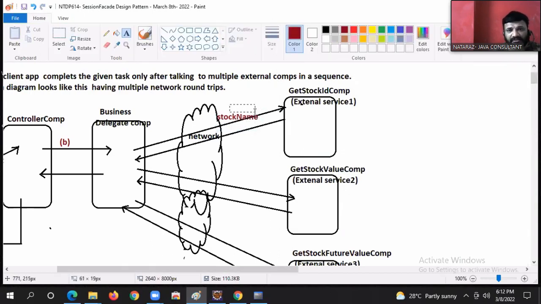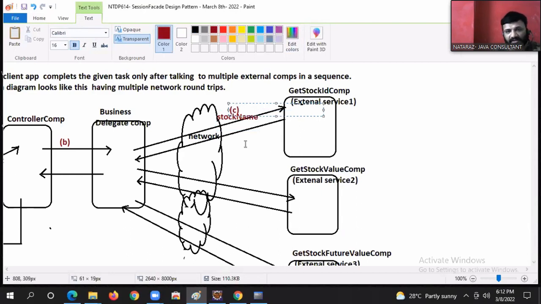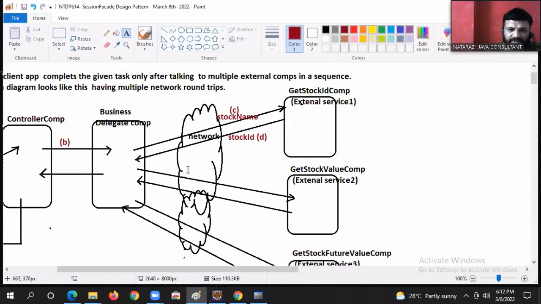Yes, this is C, guys. Next, stock ID is the output I get. Come on. Next, E.